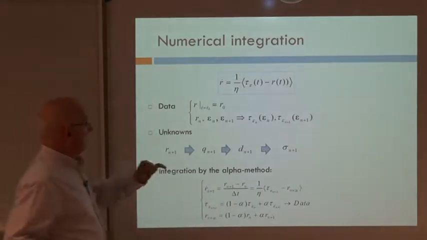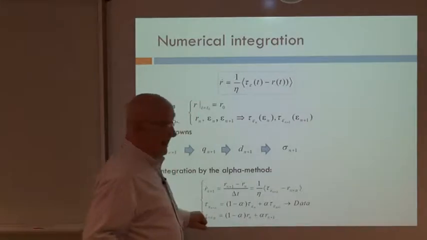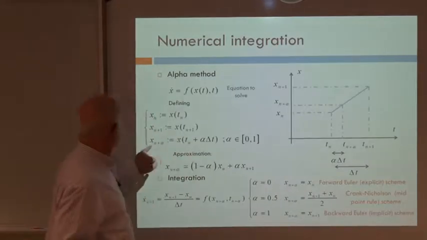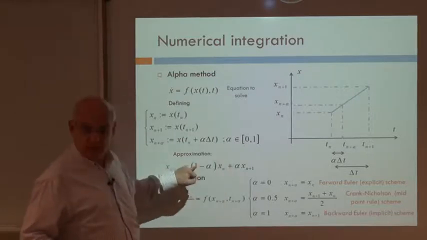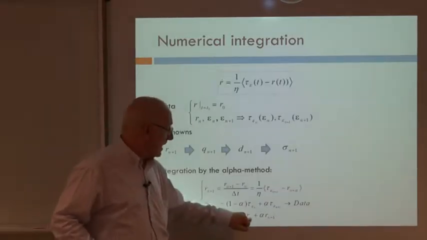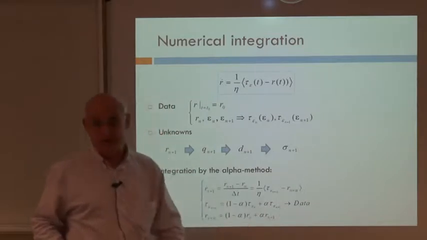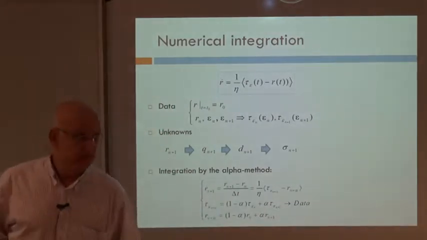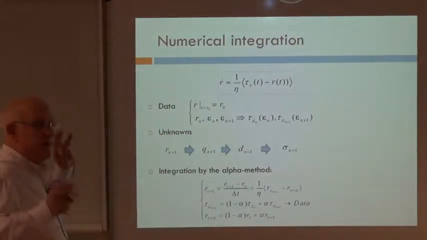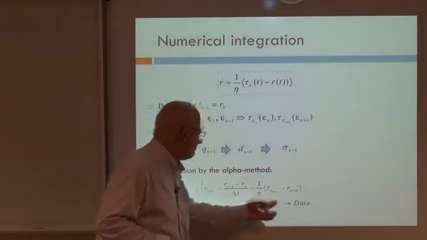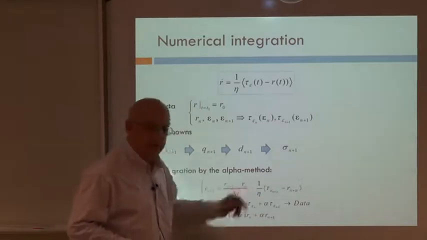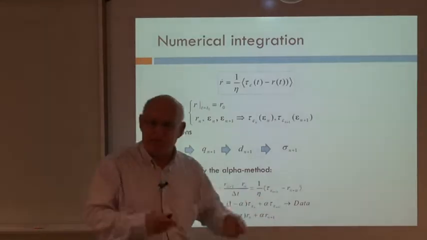Second, R n plus alpha is what we showed before, just interpolating R n plus alpha in that way also. So 1 minus alpha times Rn, plus alpha times Rn plus 1. Or maybe some of you could consider the possibility of, instead of interpolating tau epsilon, computing epsilon n plus alpha and then replacing and computing tau.